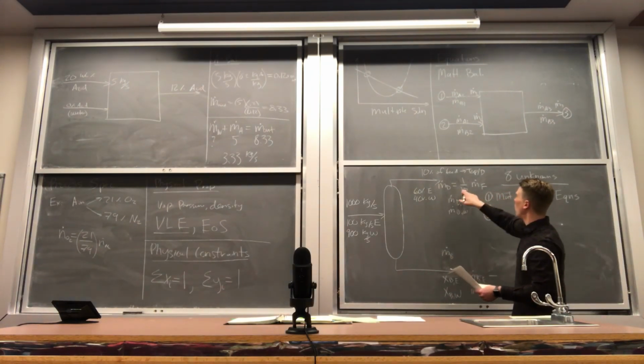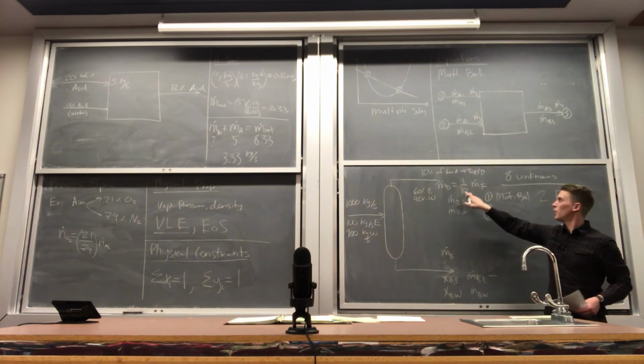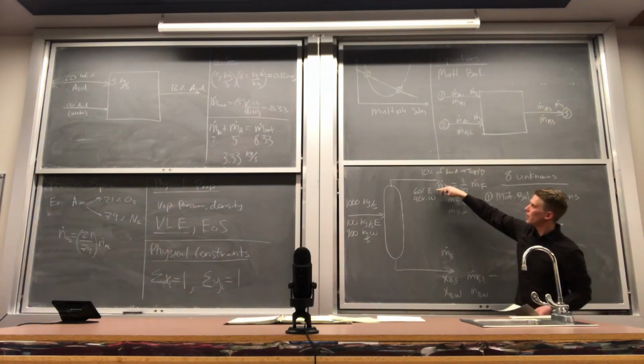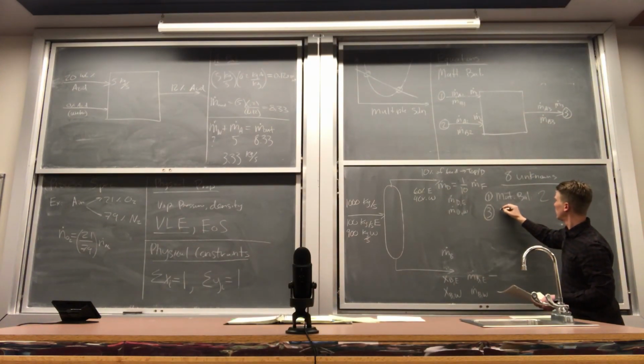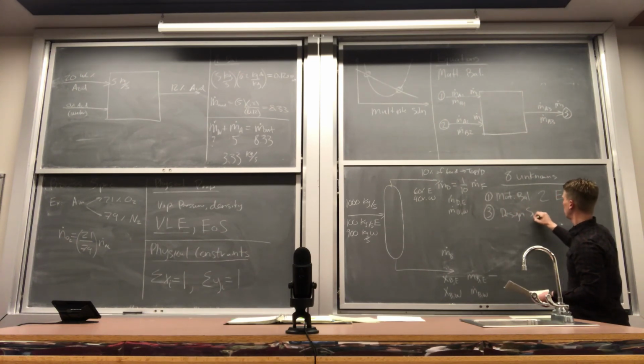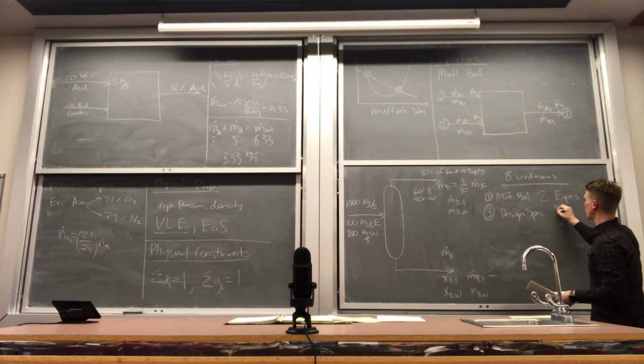So we've got 1 here. The mass of the distillate is 1/10 the mass of the feed. We have another one here, 60% ethanol and 40% water. That gives us 3 equations.